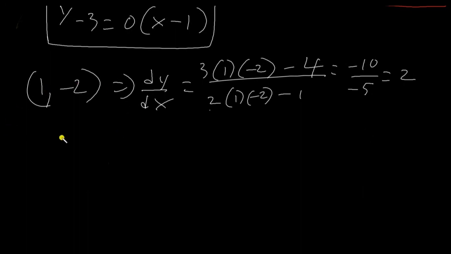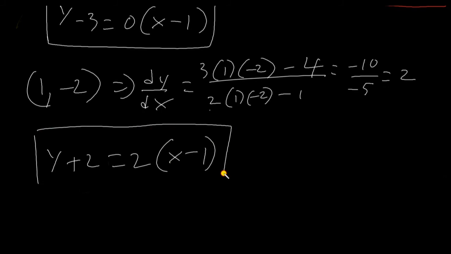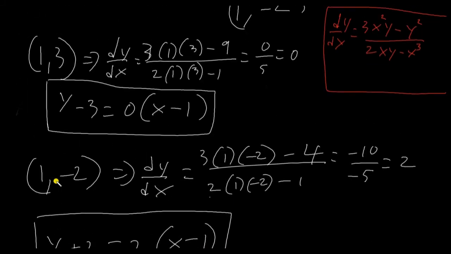Therefore, writing my point slope form, I'm going to get y minus negative 2, so plus 2 equals m, slope 2, times x minus x1, 1. That's my second equation. And then this is a 4-point question.